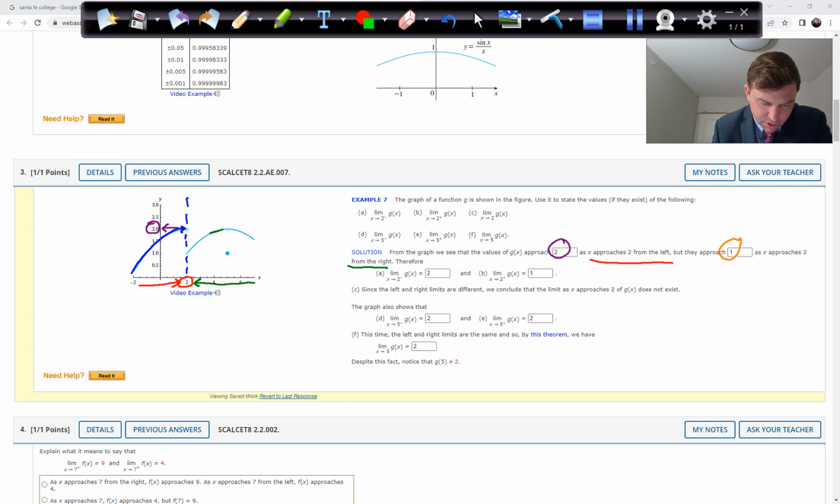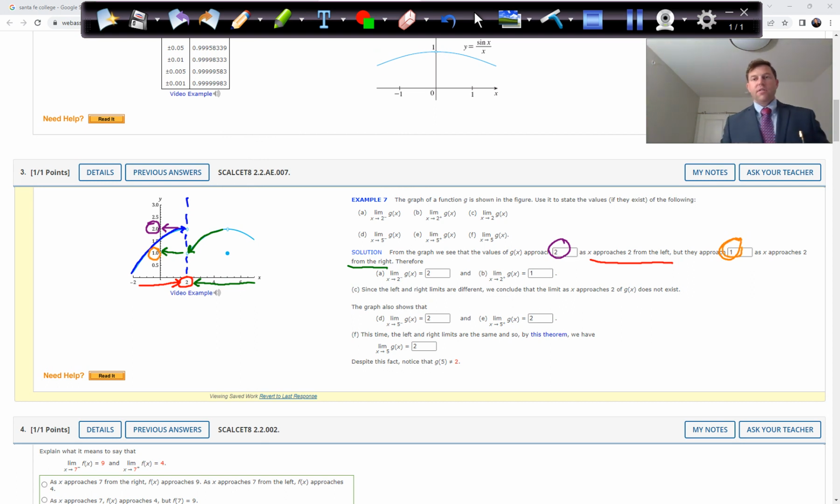I'm on the curve, I'm trying to get to 2 from the right side, I'm going towards this hole. So I hit the dashed line, which is x equal to 2, at this hole, and I go straight over, and I grab the value for the y, which is 1.